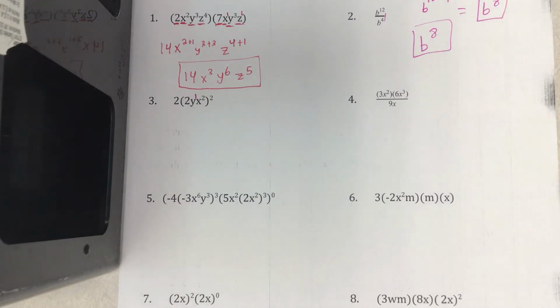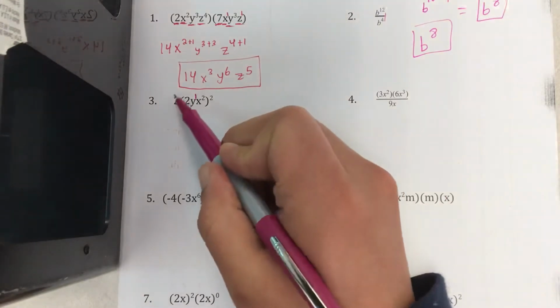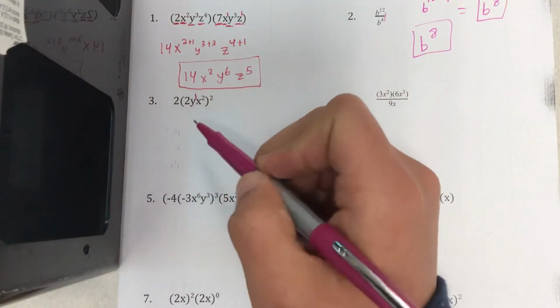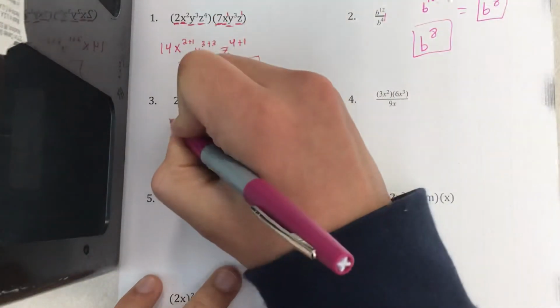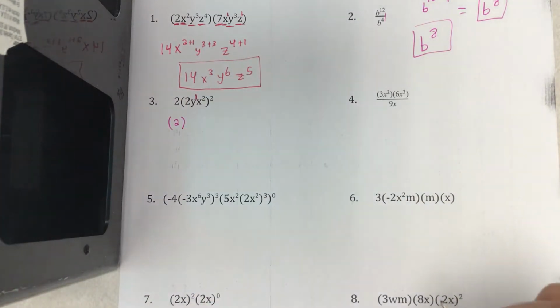Remember, when you have an exponent outside the parentheses, that automatically tells me I need to do power to power rule, okay? So this power to power rule does not affect this 2 on the outside of the parentheses, okay? So what I'm gonna do is I'm gonna bring this down first. So I'm gonna bring down the 2, okay? Because I'm not gonna touch that yet.